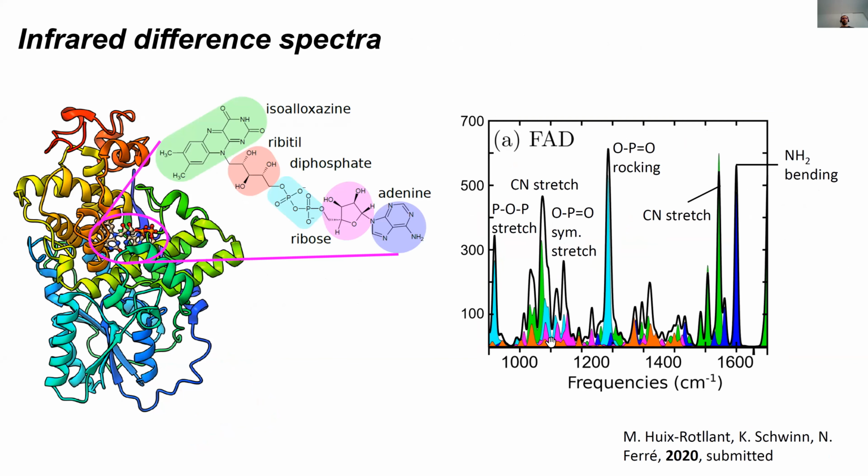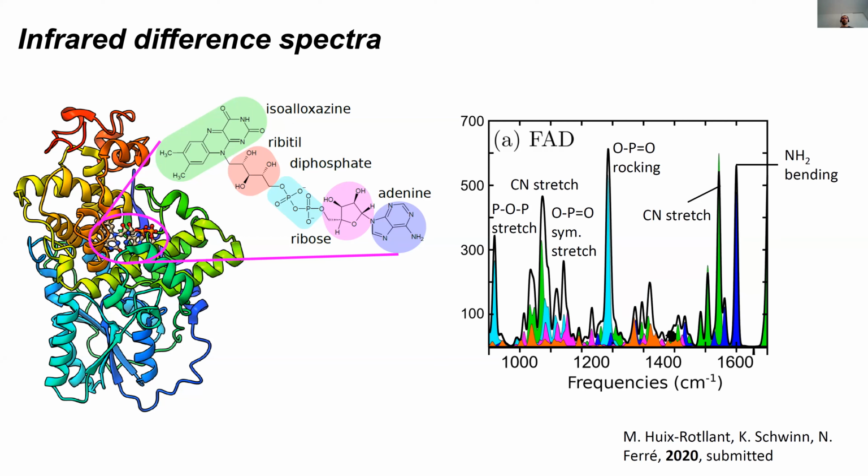Here I show the infrared spectrum of the oxidized form of the protein. And in order to analyze the complex structure of the infrared spectrum, what we do is to decompose the chromophore in fragments. So green is isoalloxazine, the chromophore, and then we have ribityl in orange, and then we have the diphosphate in blue, and so on.